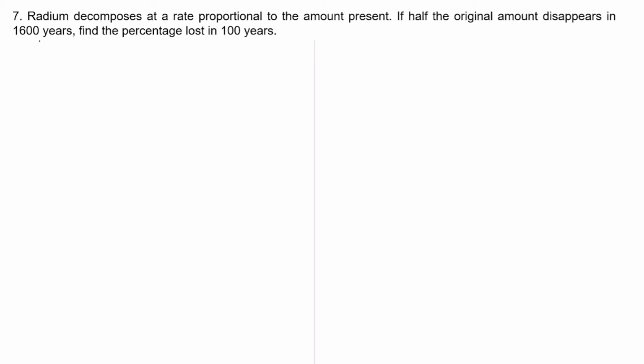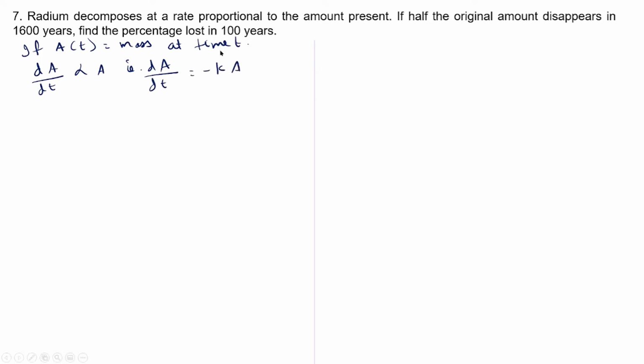So here, if A of t is the mass at time t, given dA by dt is proportional to A, or we have dA by dt is equal to minus KA, because it decomposes at a rate proportional to the amount present.